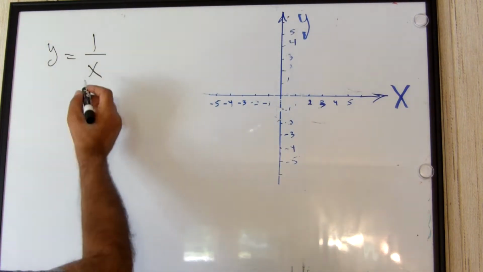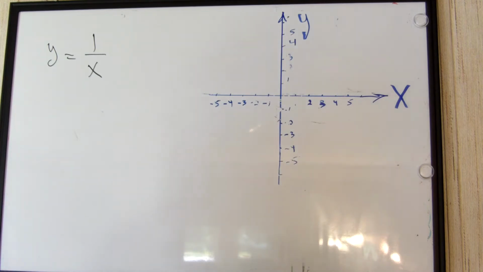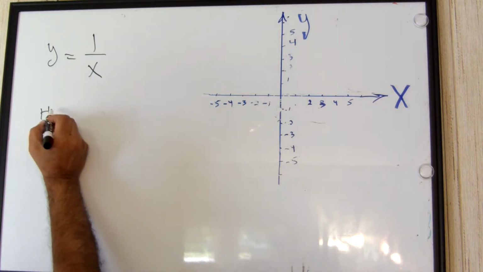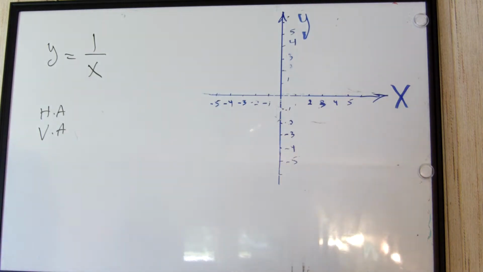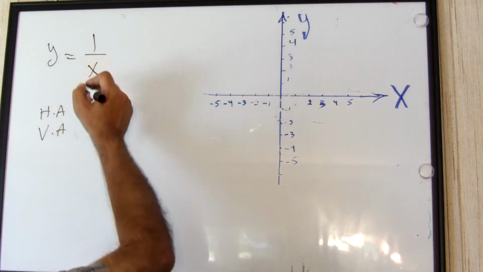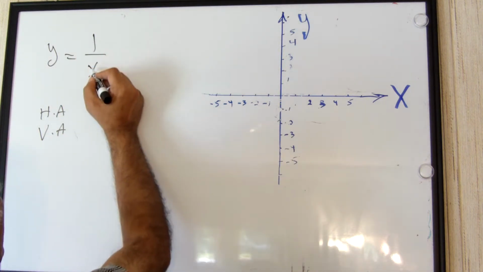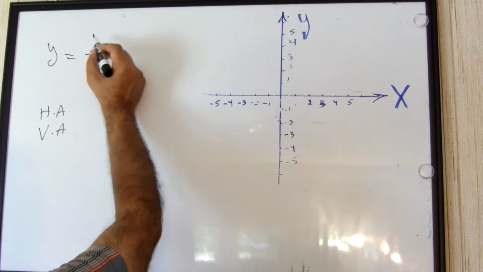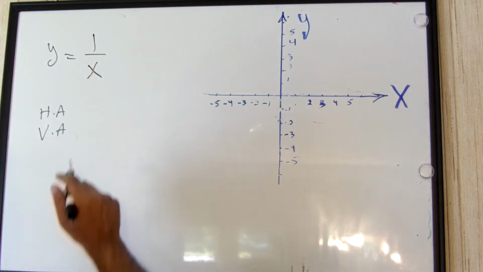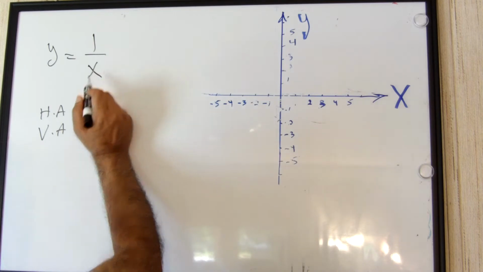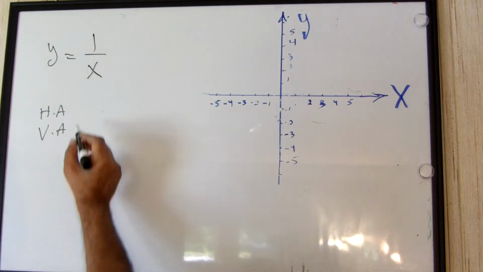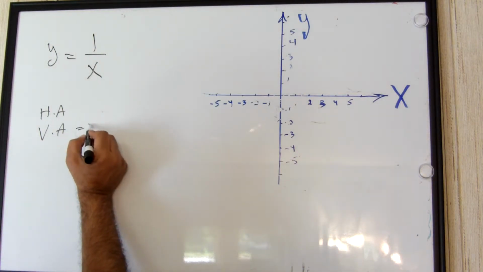So what we did, we got to find the horizontal asymptote and the vertical asymptote. For the horizontal asymptote, we find the degree of the numerator and the degree of the denominator. As we talked about, the degree of the numerator is less than the degree of the denominator, so y is equal to 0.